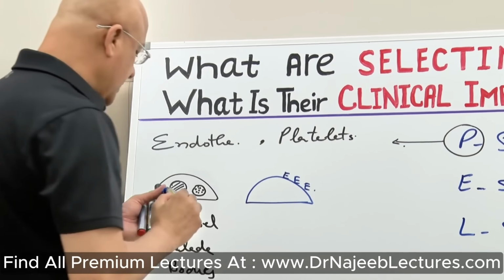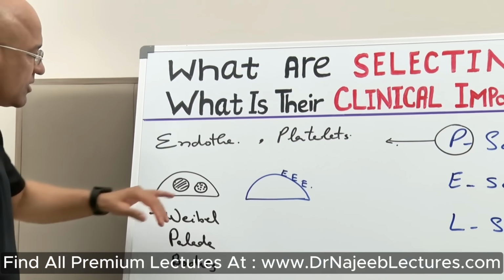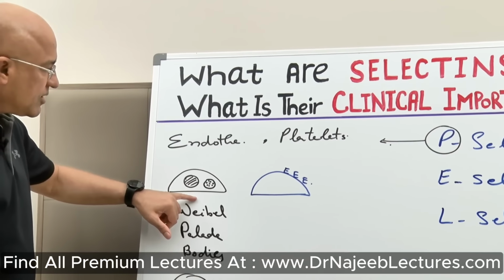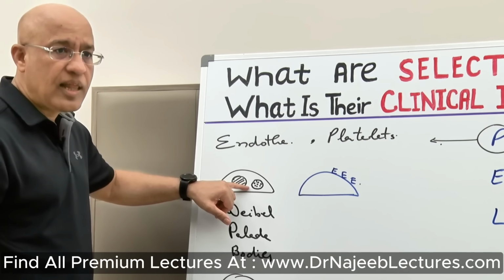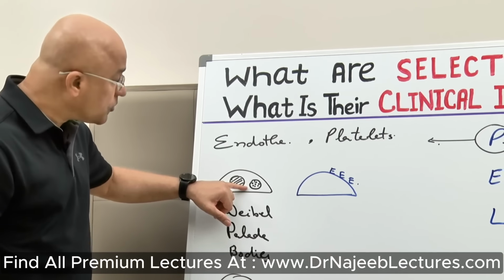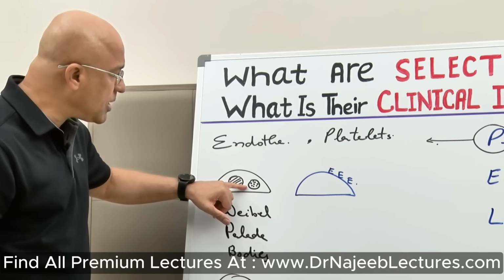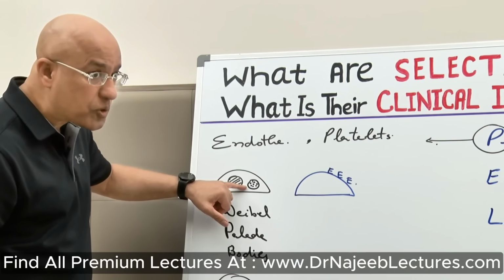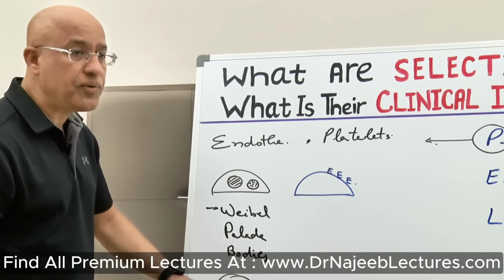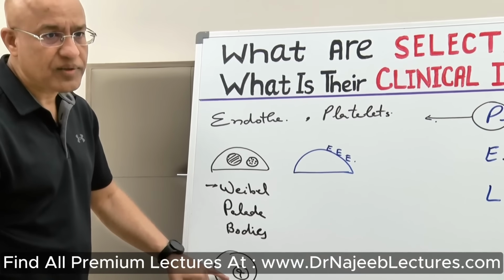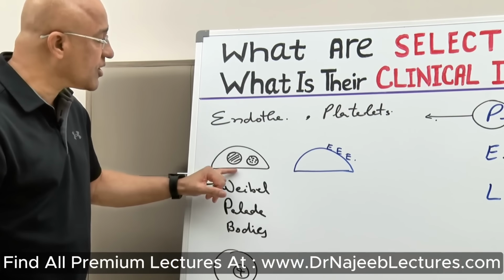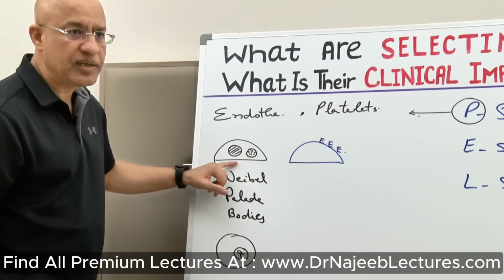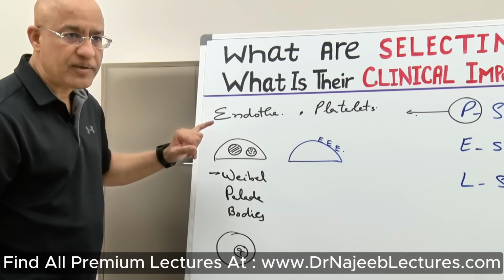But there is a very big difference between P selectins and E selectins. P selectins are preformed and pre-synthesized and stored within the Weibel-Palade bodies of endothelial cells or alpha granules of platelets. Only under certain circumstances, like inflammation, they are expressed on the membrane.